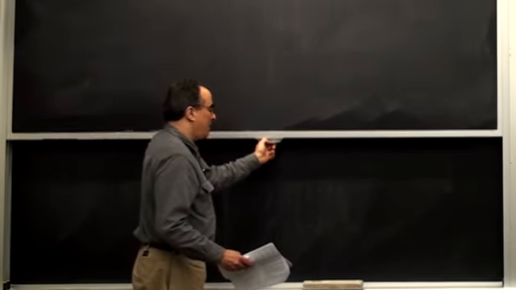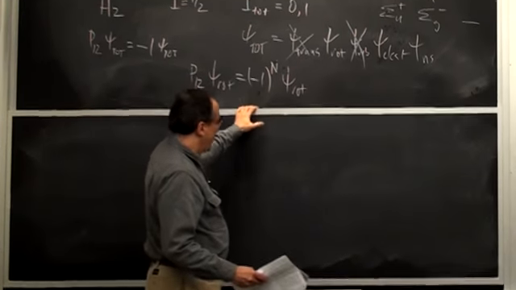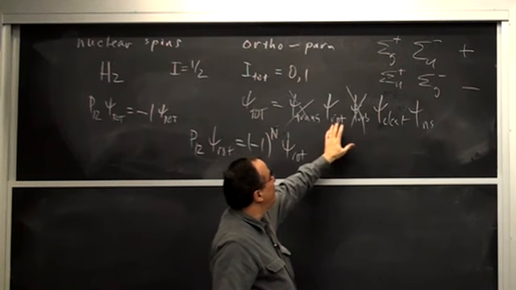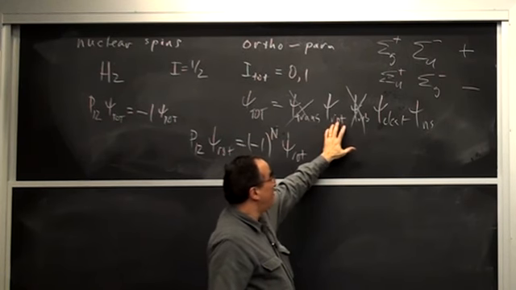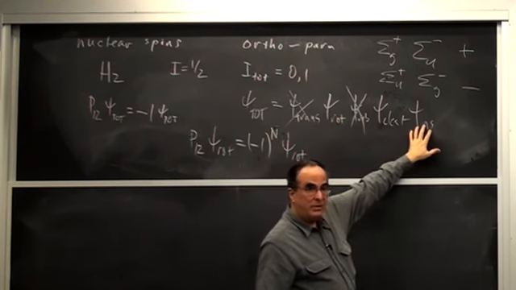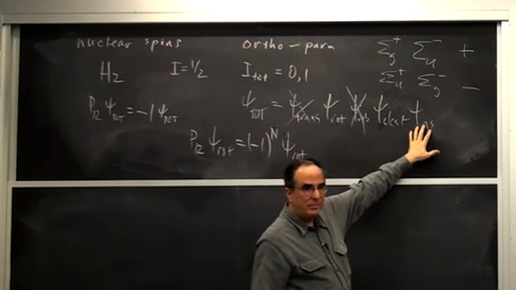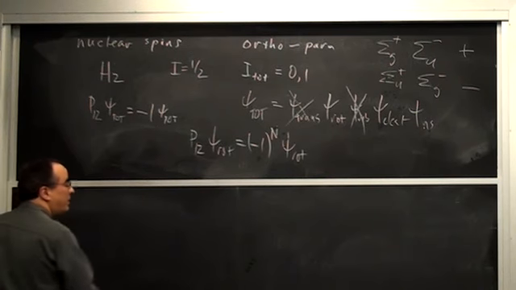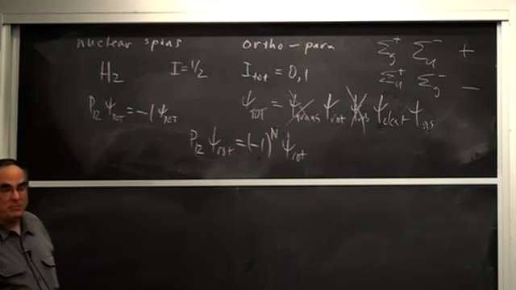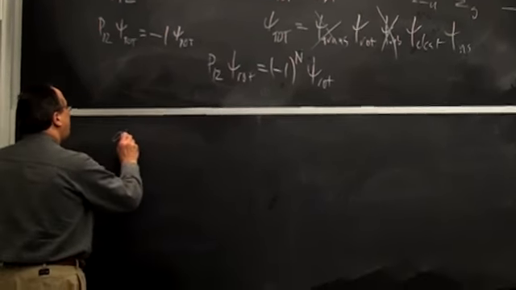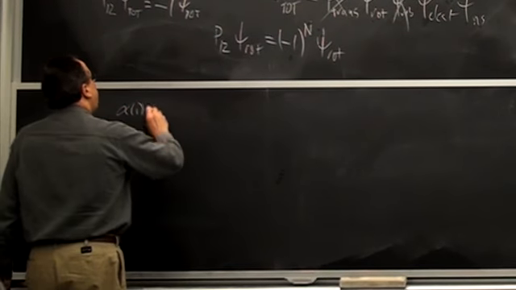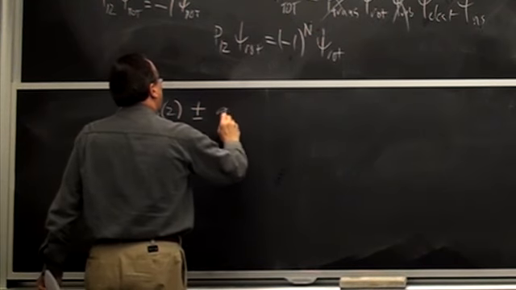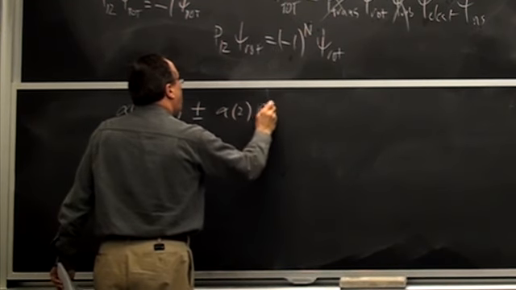And so now, since everything else is pretty simple, in order to get the right symmetry, you have to pair the rotational wave function with the correct nuclear wave function. So if you have spin 1/2, then we have a mnemonic for writing the spin wave functions. We can write alpha 1, beta 2, plus or minus alpha 2, beta 1.